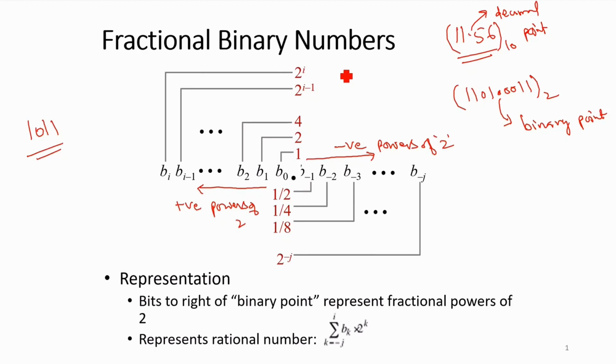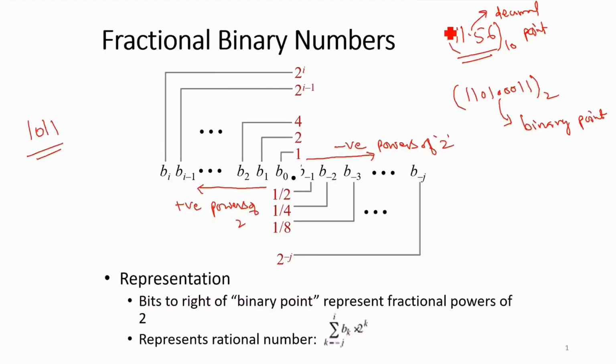Floating means that the position of the binary point is not fixed. If it is moved this way, then this is called the floating type of binary representation.